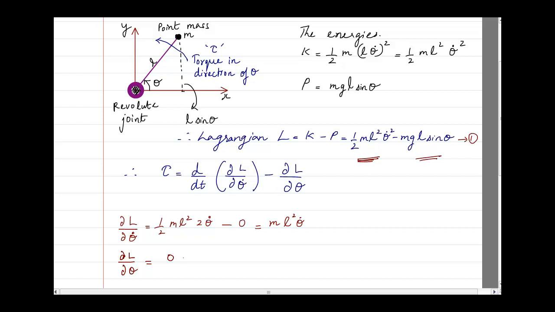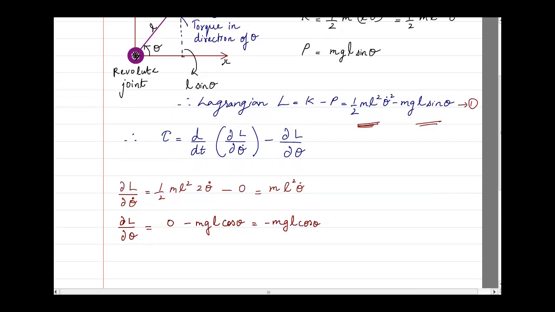So this one I will name as 0, and the second term we have with respect to theta, so that will be mgL. Instead of sine theta, differentiation will give us cos theta. So we have the final value as minus mgL cos theta. Okay.